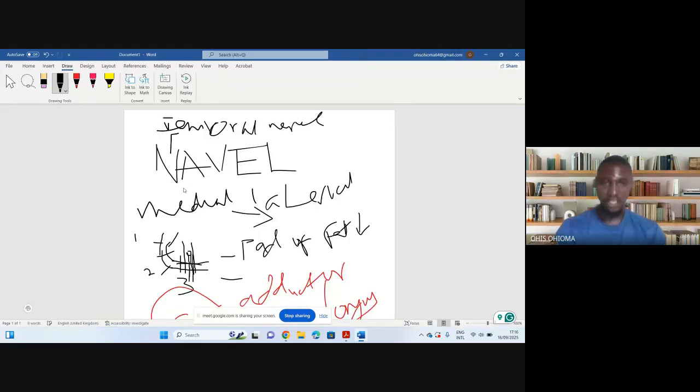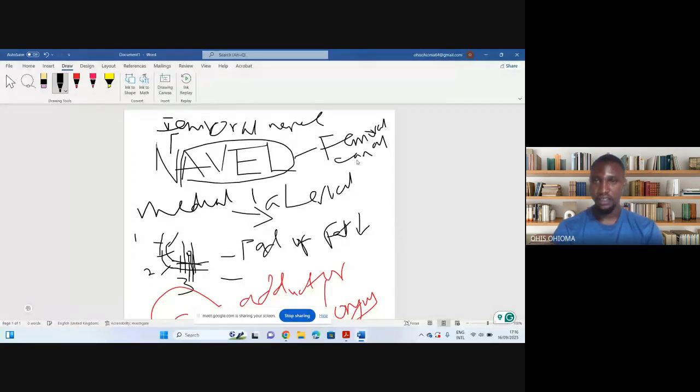So the AVEL is what is contained in the femoral canal, or femoral sheath. The femoral triangle has the NAVEL, but the AVEL is the content of the femoral canal. Let me repeat that again.